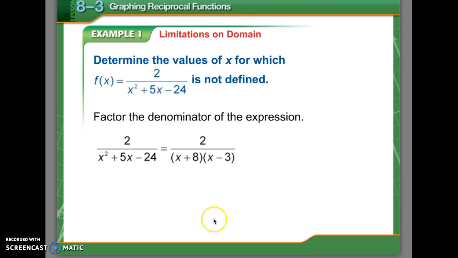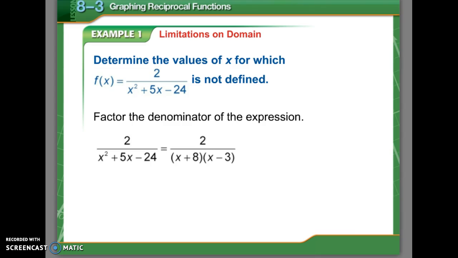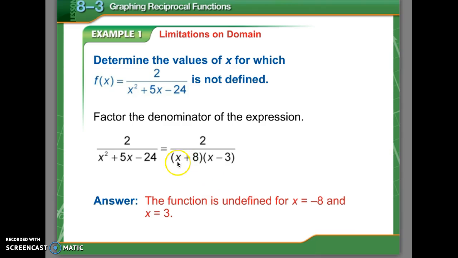And so we know that any value that we plug in for x that makes that piece equal 0, those are going to be the values where the function is not defined. So we can see that it's undefined at -8 for this first piece, and it's undefined at 3 for the second piece. So there's two values where this function is undefined.